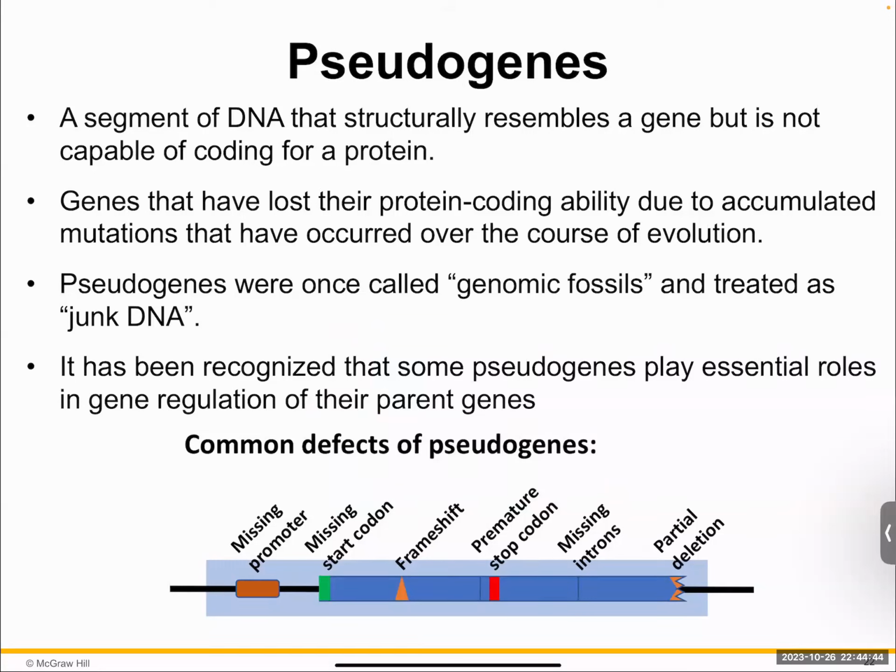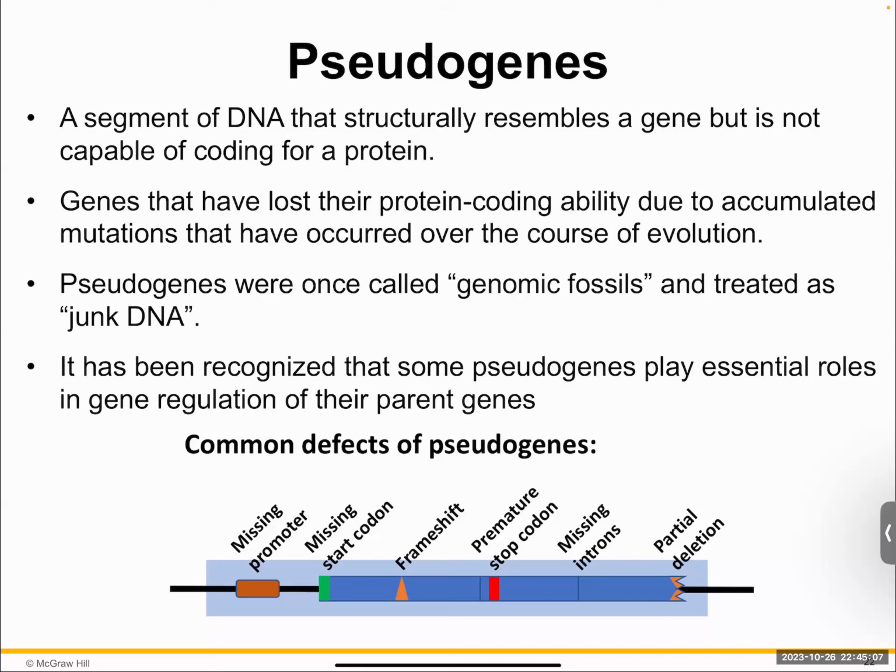Now, I briefly mentioned pseudogenes, which basically means they don't get translated. They used to probably be genes, but they're not genes anymore. So the segments of the DNA that are structurally, again, resembling genes, but they do not encode for a protein. In many cases, they believe that this is what used to be. I'm going to repeat this.